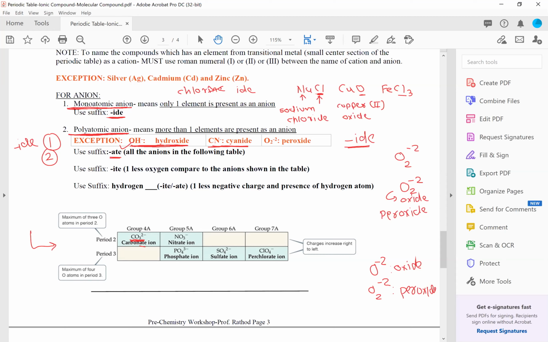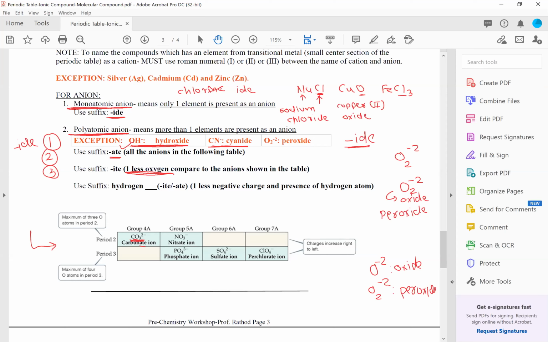Okay, so every anion that you see in this table will have the suffix "ate." Now, if you have an anion which has one less oxygen than what you see in the table, then we are going to use "ite" as the suffix instead of "ate."